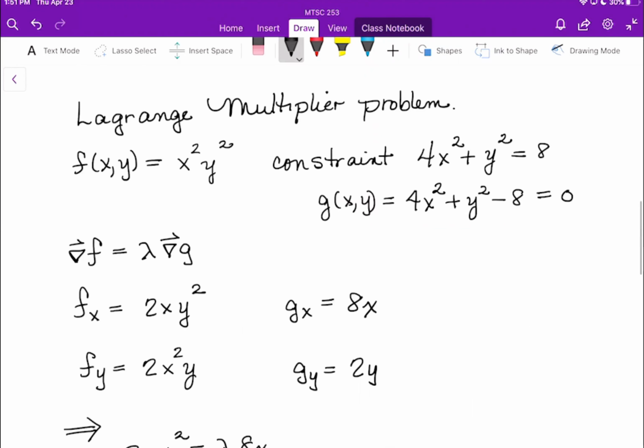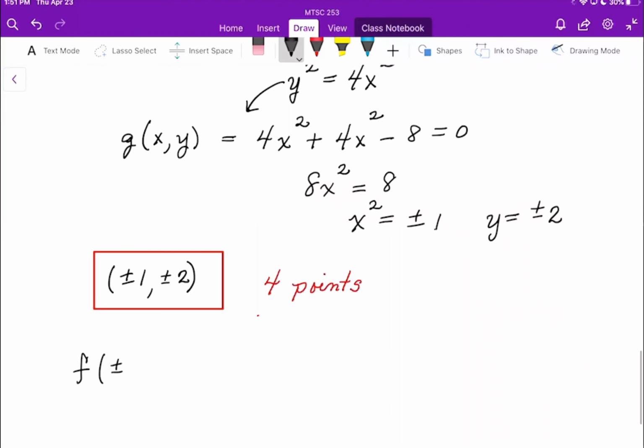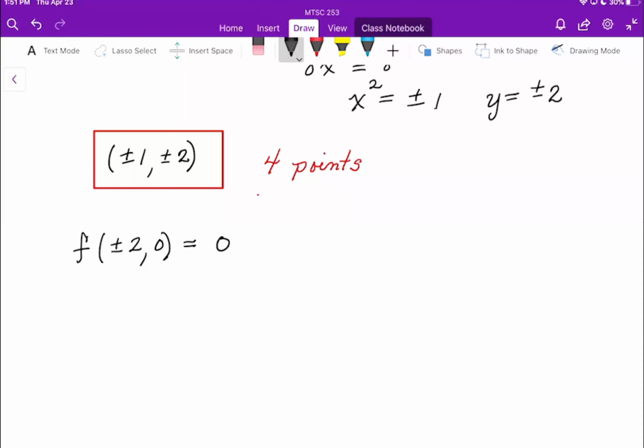Yeah. So all 4 of those points are going to give me 0. And f of plus or minus 1, plus or minus 2 is going to give me 4. So therefore, this is the absolute minimum, and this is the absolute max.